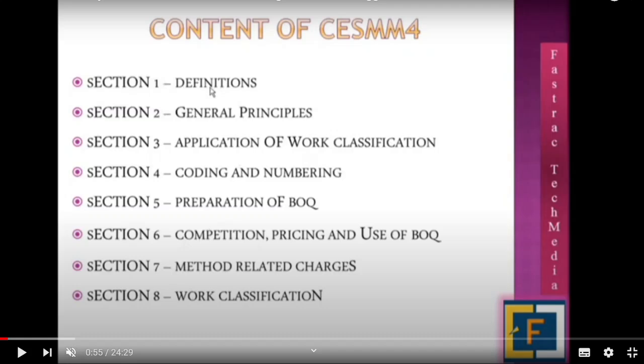That is mainly what are the terms used inside and what is the definition of those terms. So in our workshops all over the world, where we are conducting the workshops, Fast Track Tech Media on behalf of Fast Track Academy, wherever we are conducting the workshops on CESM, our first section is definitions, similar to whatever it is in CESM.